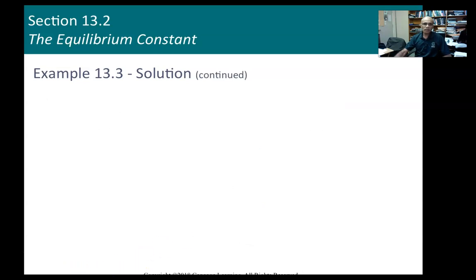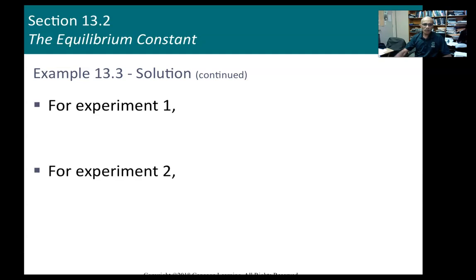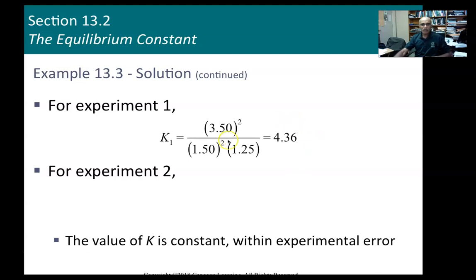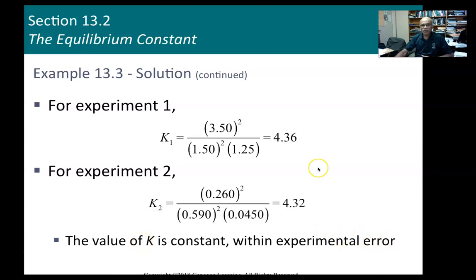Okay, so we're ready to substitute that in for the 2 experiments. Let's calculate. So these are the values for experiment 1, 4.36, and experiment 2, 4.32. Now you will see these 2 values are comparable.